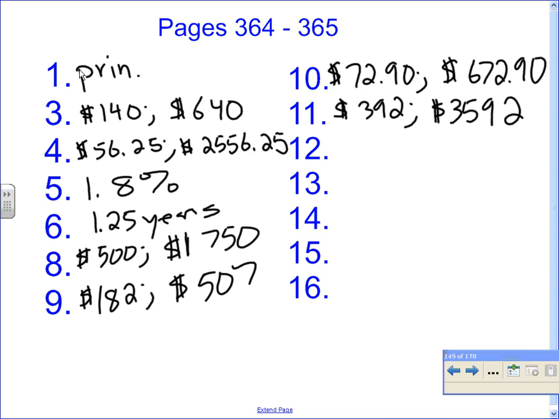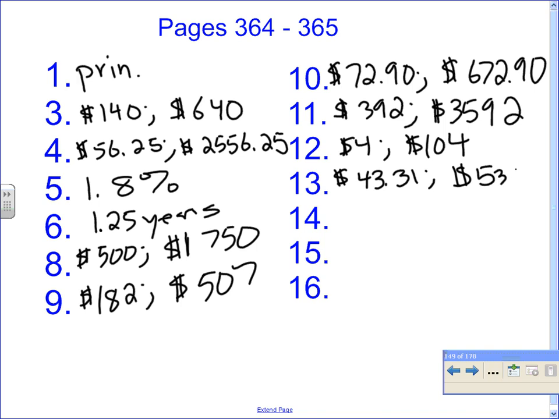Cool. Good. Justin, number 13. Okay, 43.31 it should be, but keep going. That's okay. The second one should be $538.31.